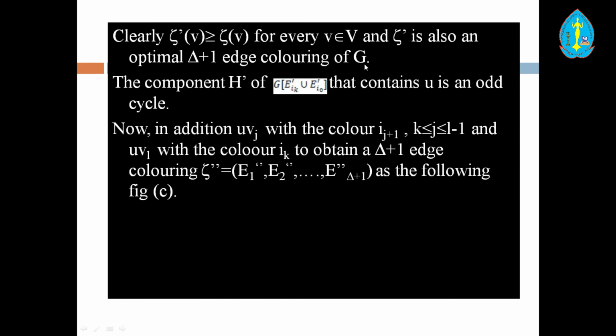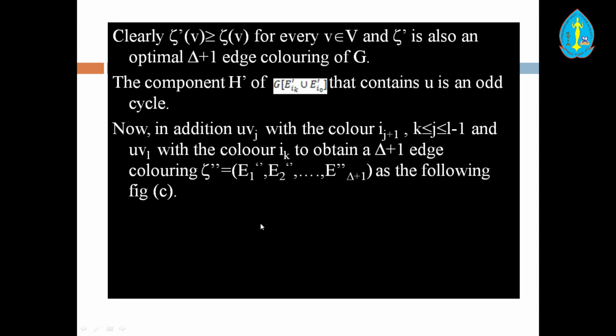The component H' of G[Ei_k' ∪ Ei_0'] that contains U is an odd cycle. Now, in addition, recolor UVj with color ij+1 for k ≤ j ≤ L minus 1, and UV1 with the color ik, to obtain the Δ+1 edge coloring C'', E1'', E2'', ..., as in the following figure.